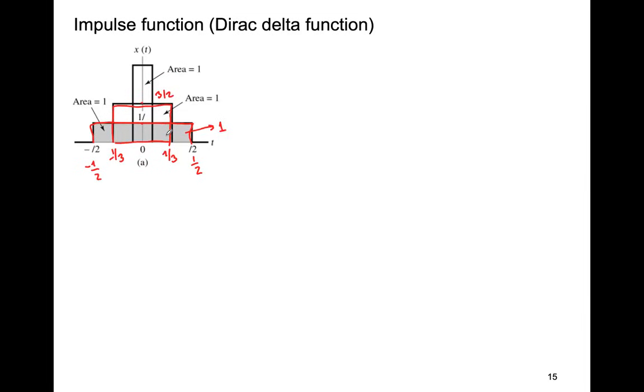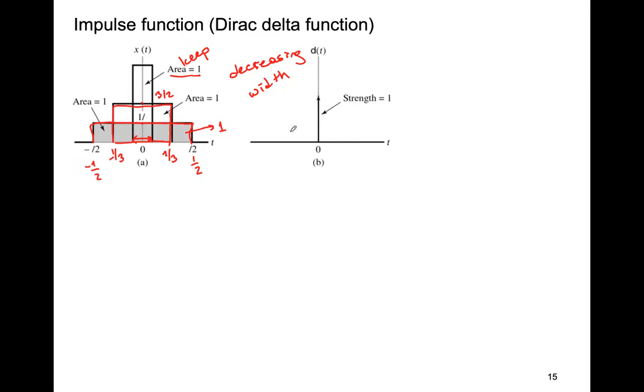If I go smaller and smaller in terms of width, decreasing the width, and keep the area as 1, the area should be 1. So as I decrease the width, let's say if the width becomes 0, the strength will be equal to infinity.